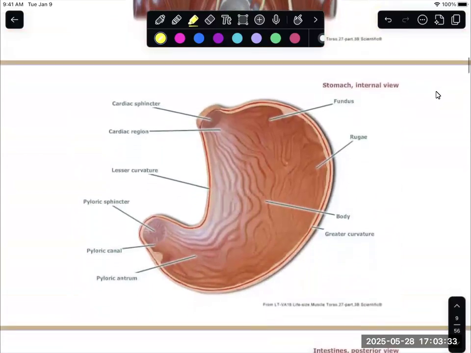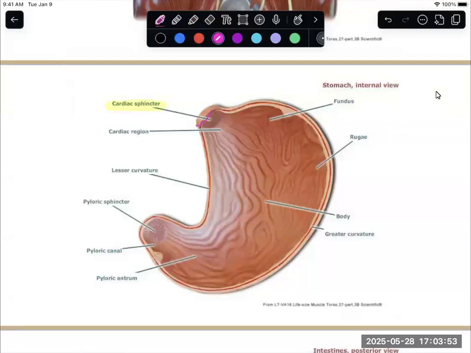Now, if we come to the stomach, I know these pictures jump around on this lab sheet. So that stomach is on the front side labeled as D on the lab handout. This here is labeled as the cardiac sphincter.